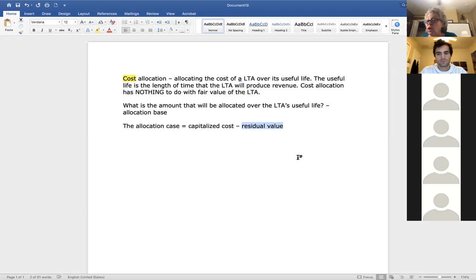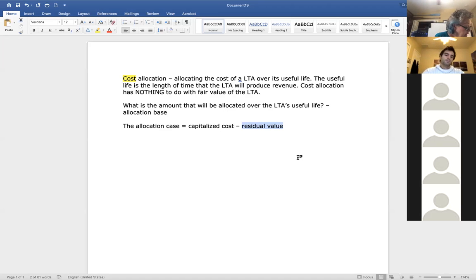What is the ultimate cost of the asset to the company? 90,000. Good, Ashley, 90,000. That's the allocation base. The depreciable cost, if it's a tangible long-term asset.